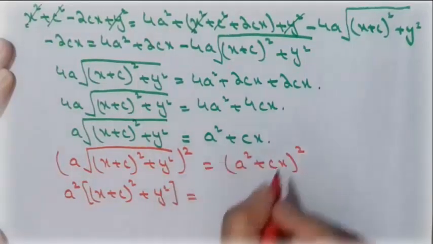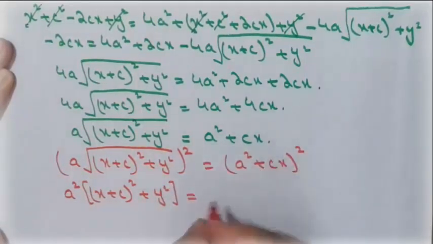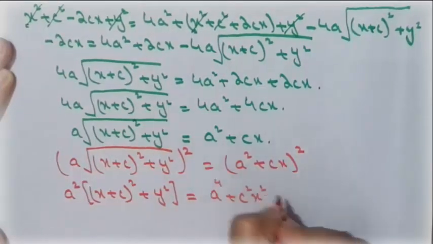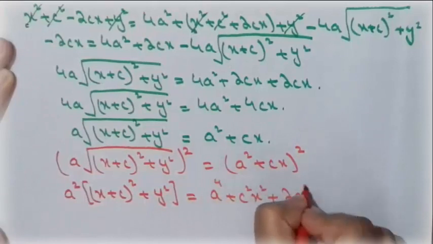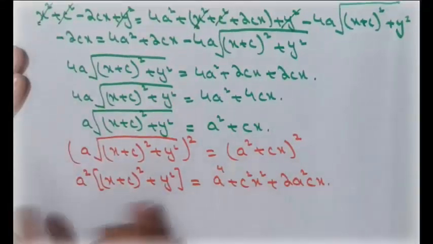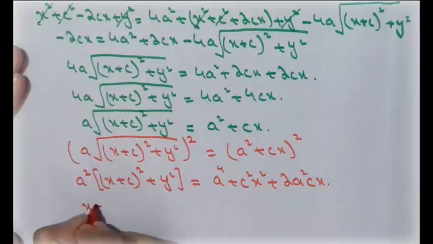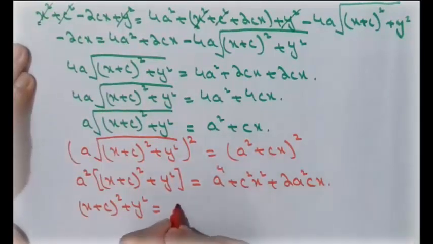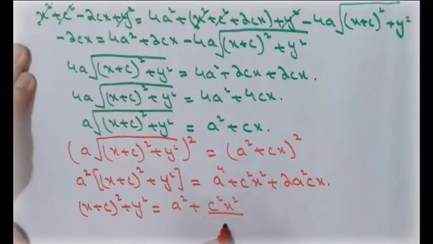And if I open this square by applying the a plus b square formula, it will be a to the power 4 plus c square x square plus 2a square cx. If I divide a square on both sides, then I will get x plus c square plus y square, which is equal to, if I divide by a square, a square plus c square x square over a square, and plus 2cx.